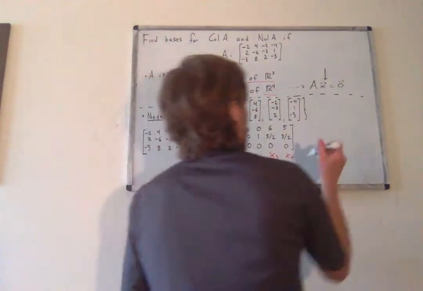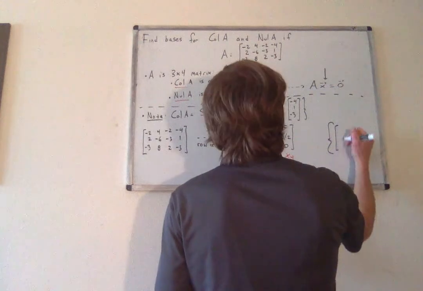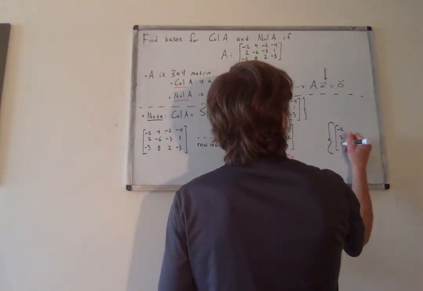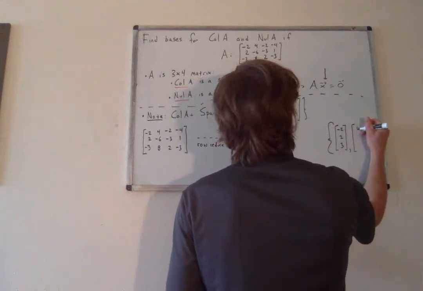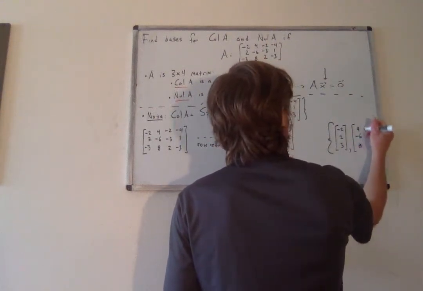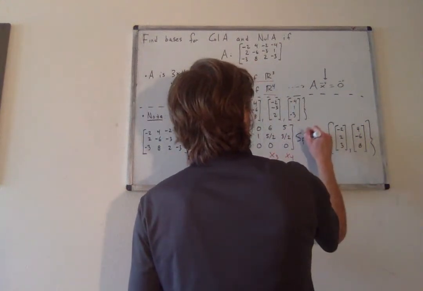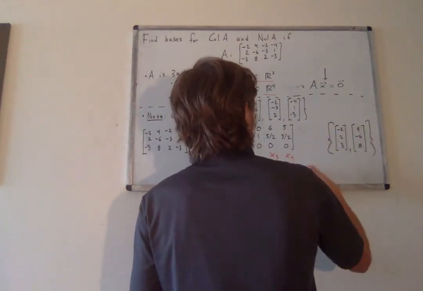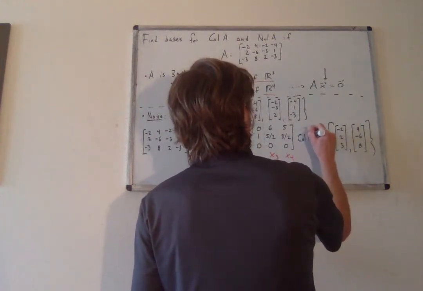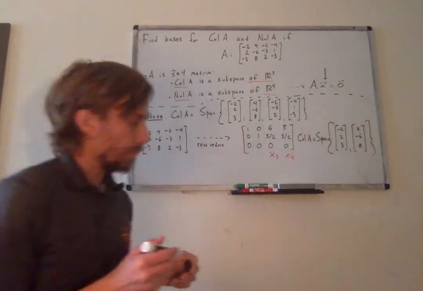And so we actually know that a basis for the column space of A is given by the set (2, 2, 3) and (4, -6, 8). And so we could say that the column space of A is equal to the span of this set.